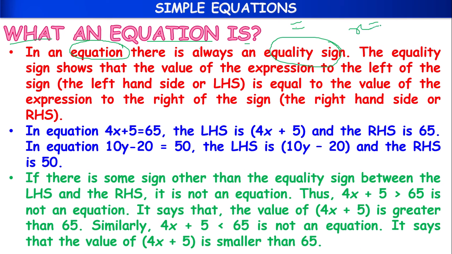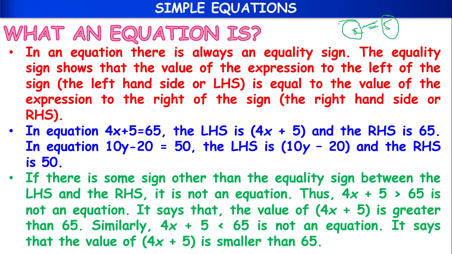Suppose we have an equation such that x equal to 5. What does it show? The equality sign shows that the value on the left hand side of the equality sign is equal to the right hand side of the equality sign.